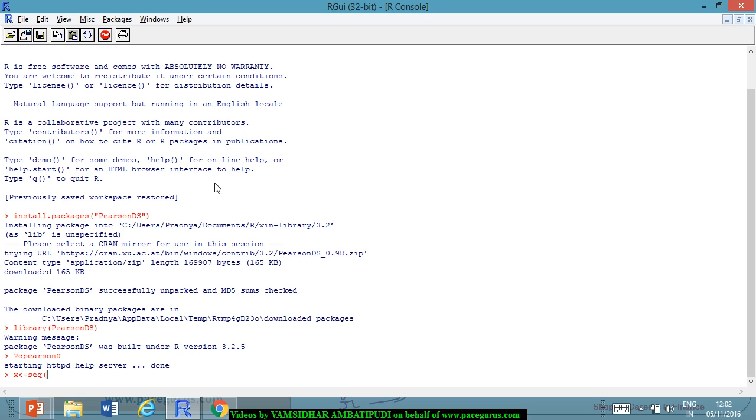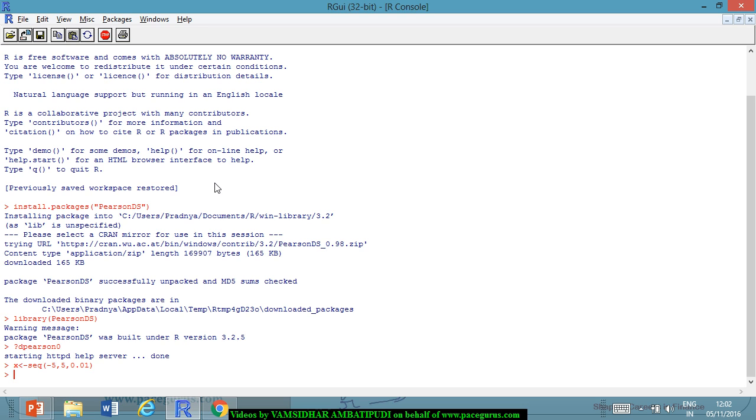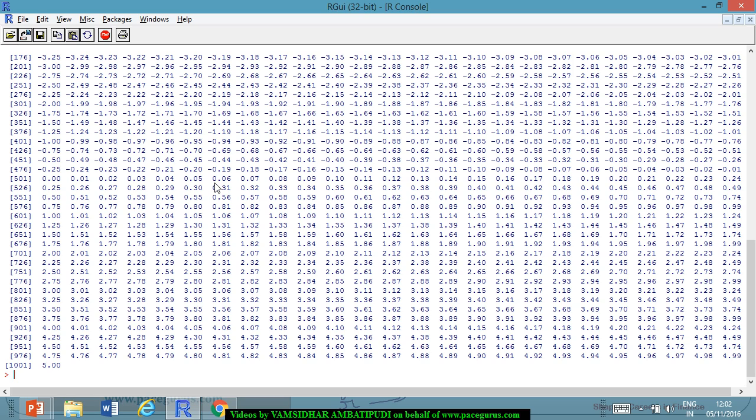We'll take a sequence from -5 to +5 with a gap of 0.01, so very small values. Looking at x now, it contains all the values from -5 to +5 with a gap of 0.01. Overall there are 1000 values of x.